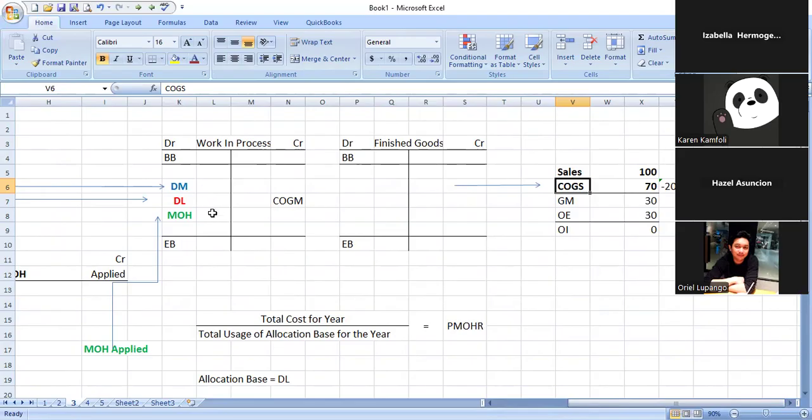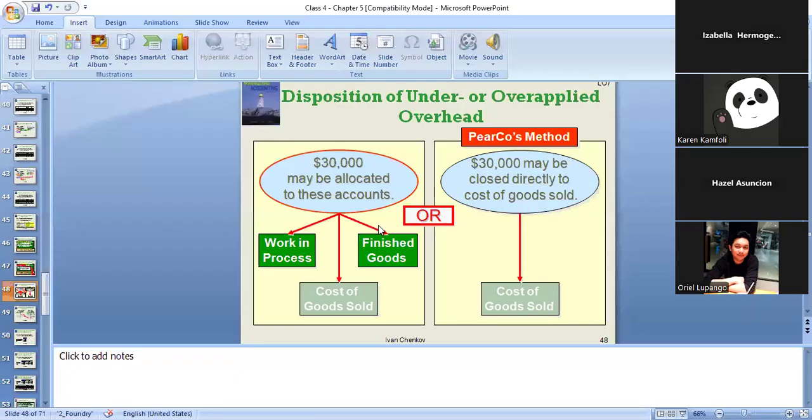Is there anything in the work in process? Is there anything in the finished goods left? And how much is the cost of goods sold? Then we proportionally allocate the $30,000 to the work in process account, finished goods account, and cost of goods sold. That's why there are two options here. One option is to directly adjust cost of goods sold, which is the final result. The other one goes proportionally to the work in process, finished goods, and cost of goods sold.